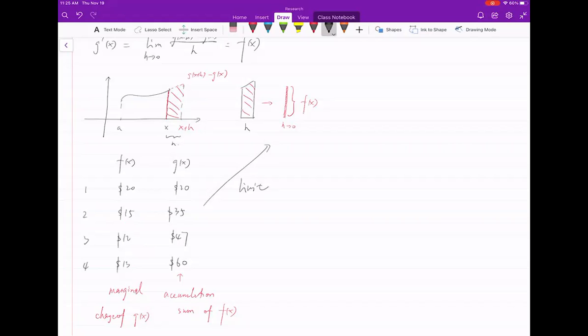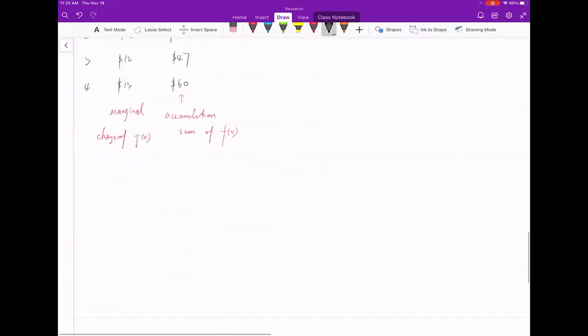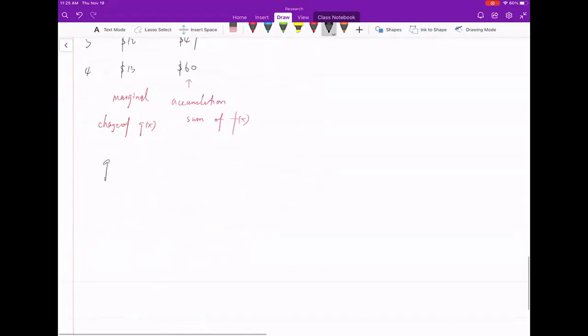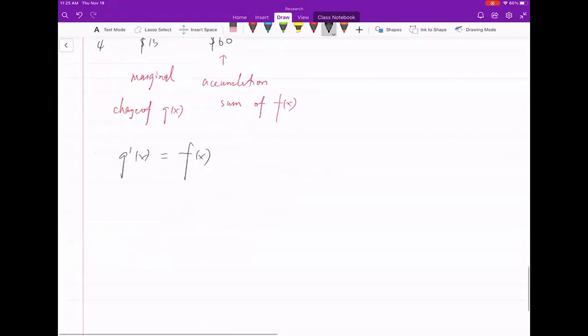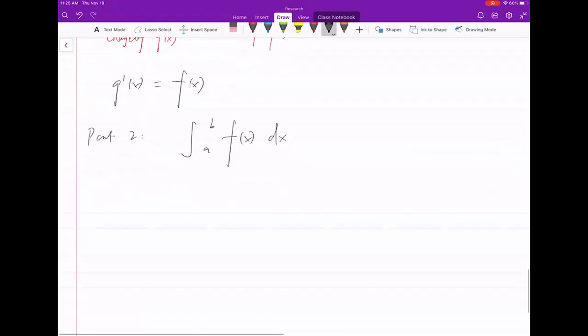Okay, good. With that in mind, we have this one. Very, very strong conclusion. But that's not enough. Why? Remember our goal. Our goal is to try to find this. We want a way to compute this.